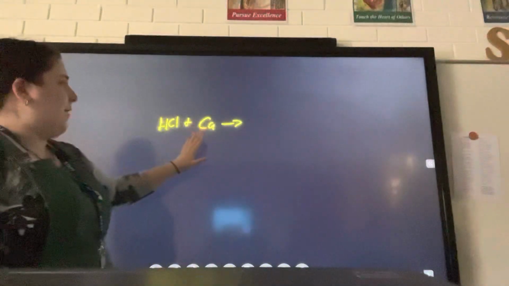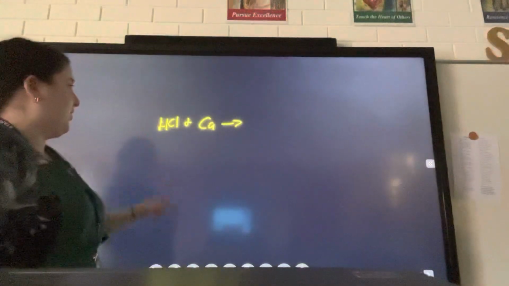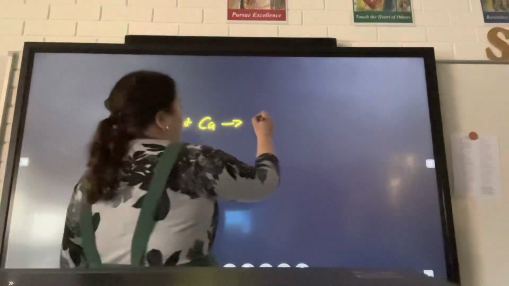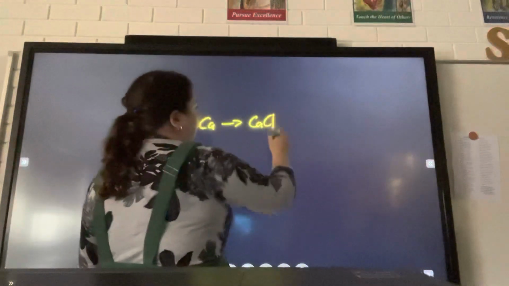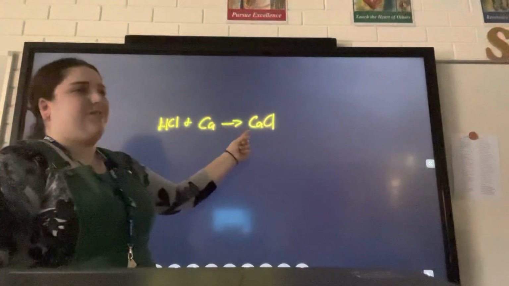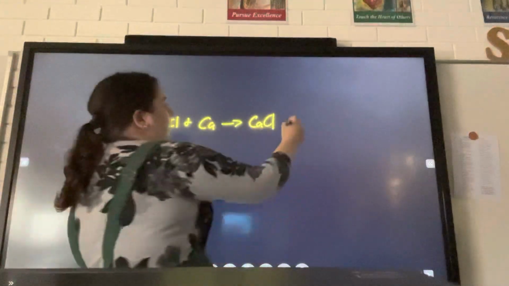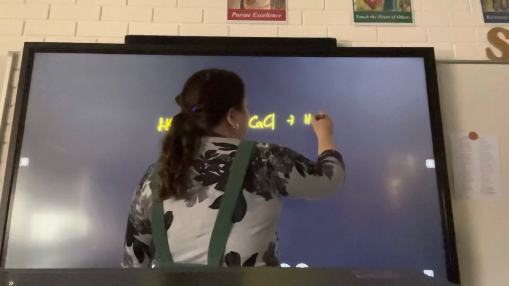So what's going to happen is hydrogen wants to be by itself as a gas because that's when it's most stable. So the chlorine is going to jump and bond to the calcium. So we're going to have calcium chloride. Whenever you're naming ionic bonds, metal goes first, non-metal comes second. So we have calcium chloride plus hydrogen gas.